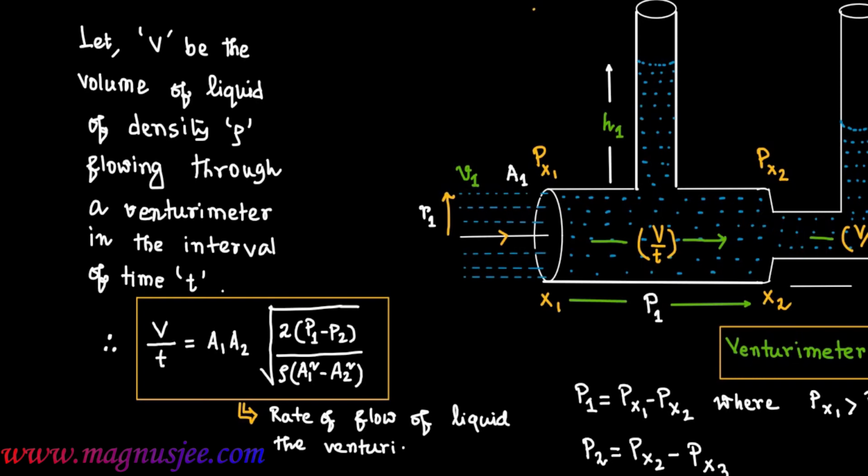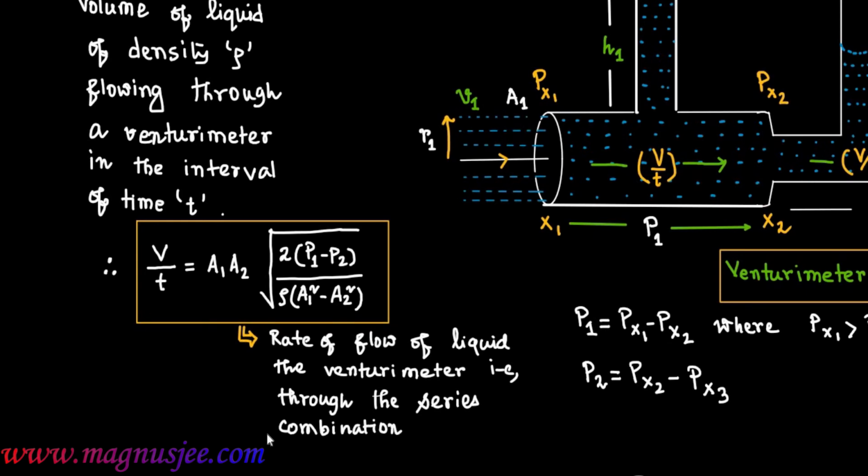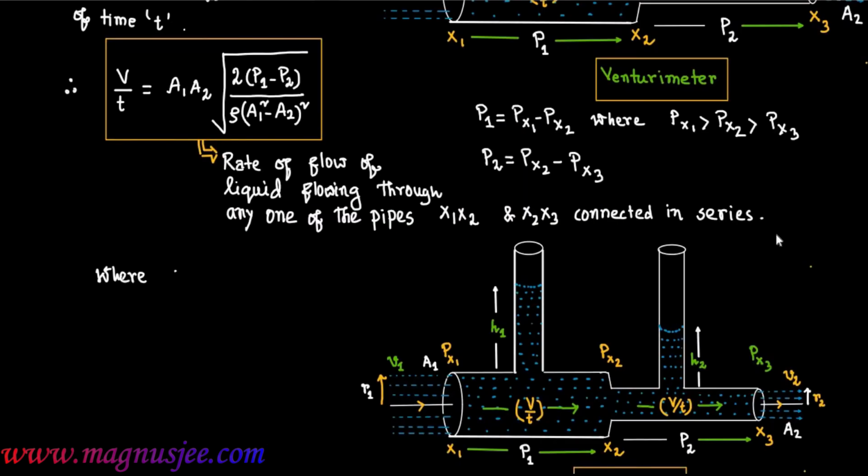This is the rate of flow of liquid through the Venturi meter, that is, through the series combination of two pipes x1 x2 and x2 x3. V/T = A1 A2 √(2(P1 − P2) / (ρ(A1² − A2²))).